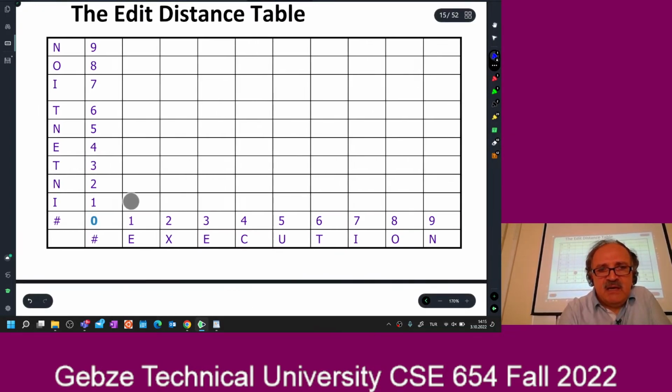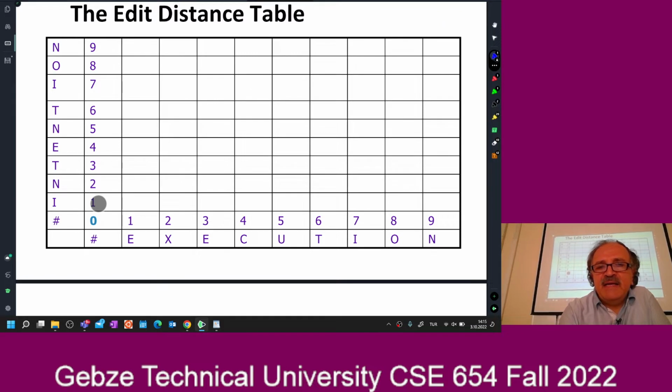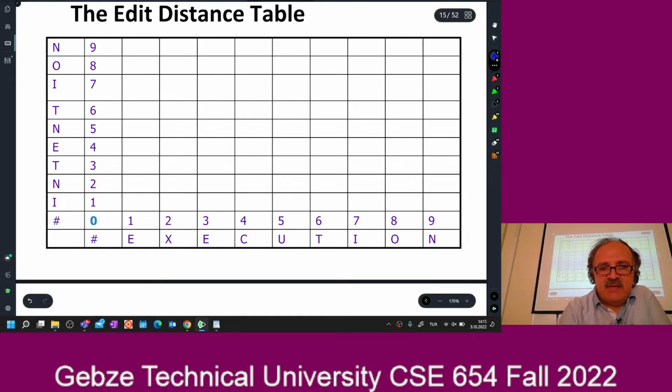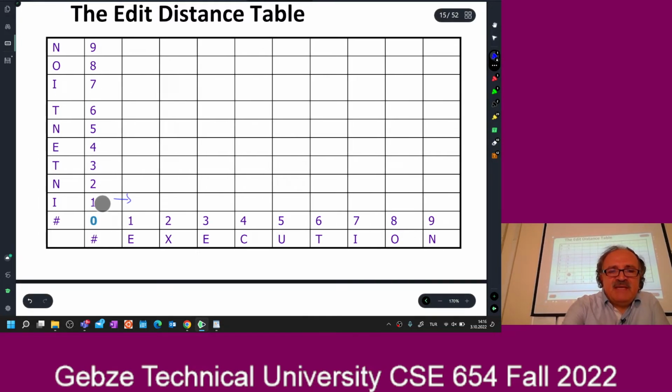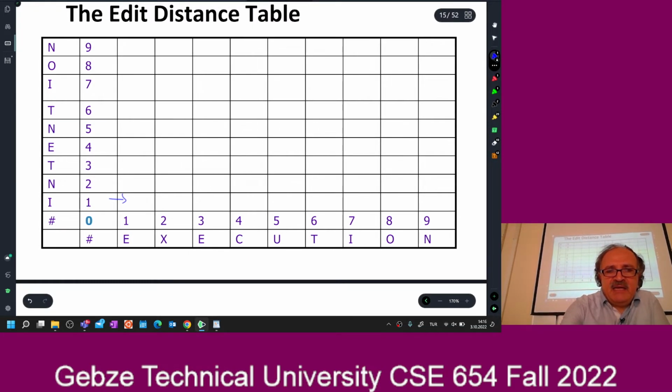This one, I can do 3 things. I can either delete I when I come this way. This one says that I have deleted I, and I can now insert an E. Delete 1, insert E is 2.